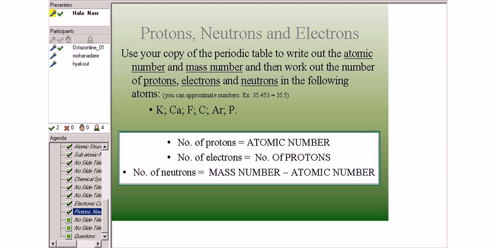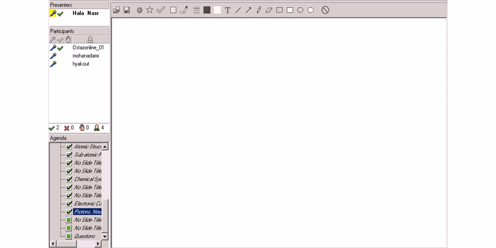Use the copy of the periodic table to write out the atomic number and the mass number. Before doing so, I need to set an example in here.